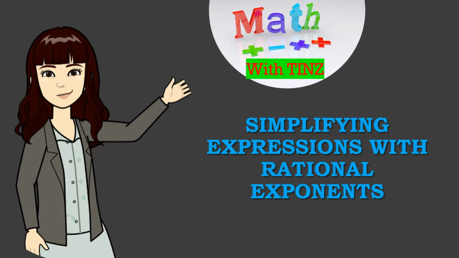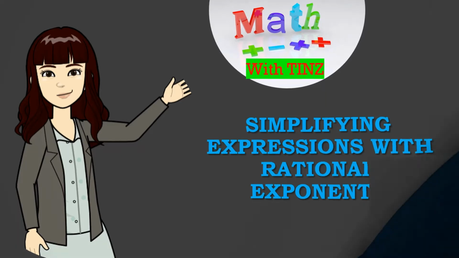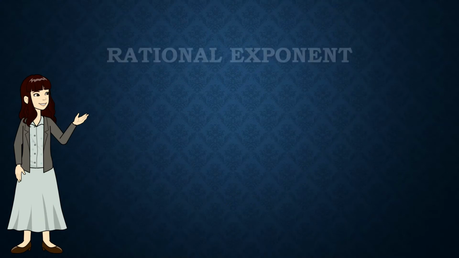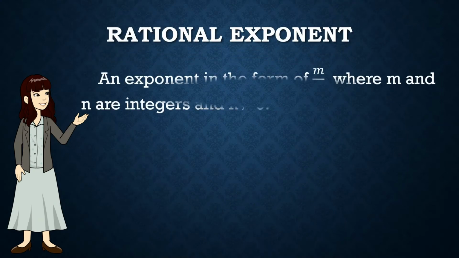Our topic for today is all about simplifying expressions with rational exponents. A rational exponent is an exponent in the form of m over n, where m and n are integers, and n is not equal to 0.